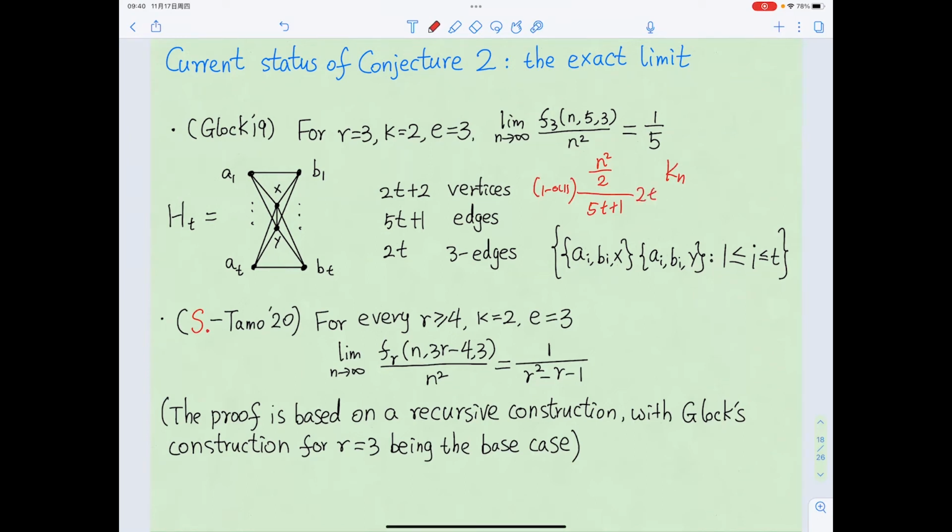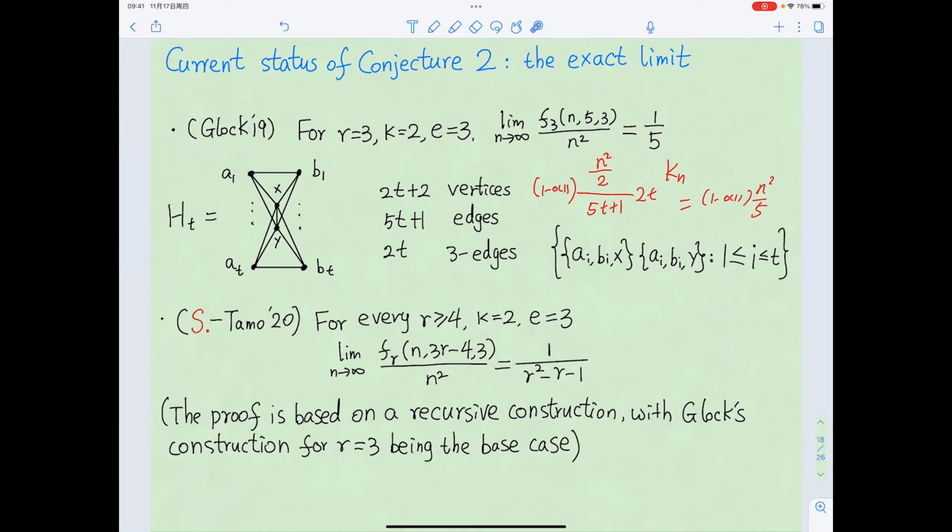So the total number of 3-edges given by this approximate decomposition is roughly (1 minus little o of 1) n squared over 5. This gives the lower bound of this function.